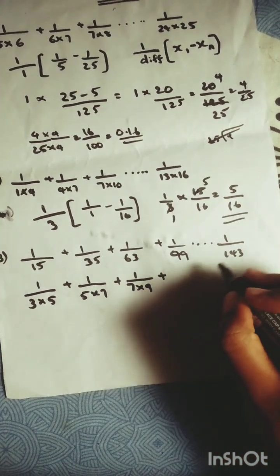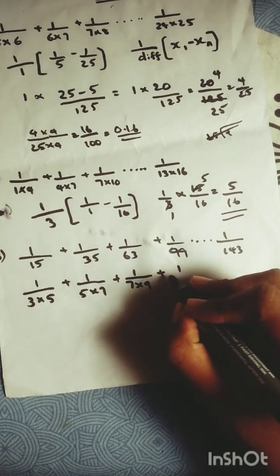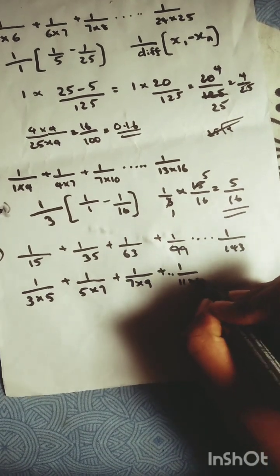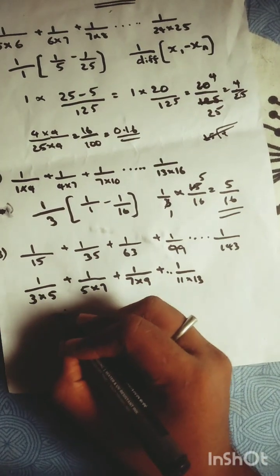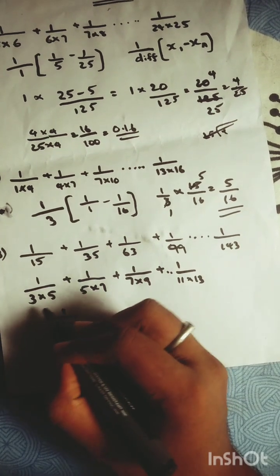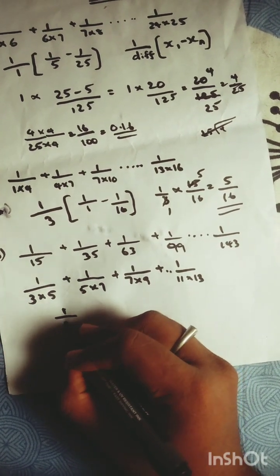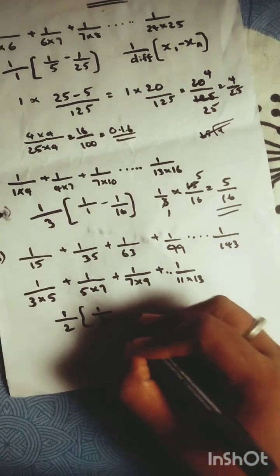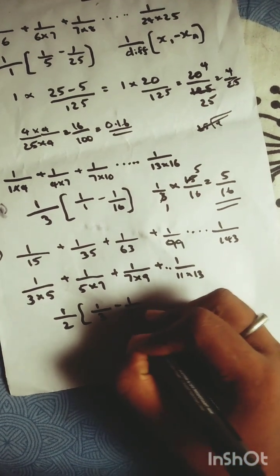Plus 1 by 143 would be 1 divided by 11 into 13. So how can we do it? 1 divided by the difference. 3 and 5 have a difference of 2, into 1 by the first term, 3, minus 1 by the last term, 13.